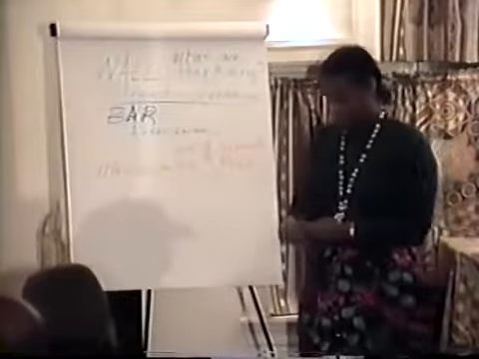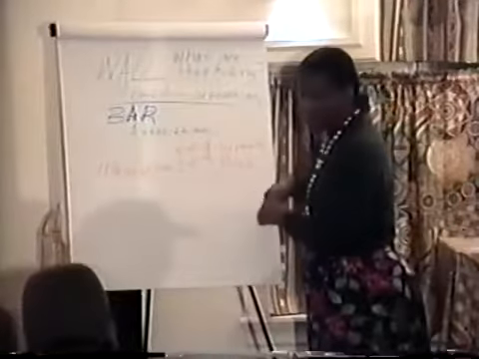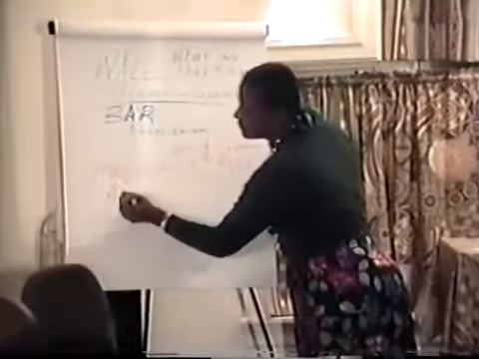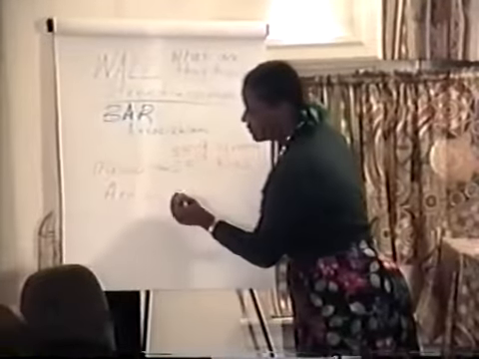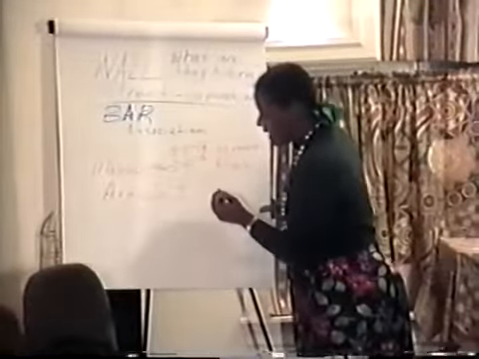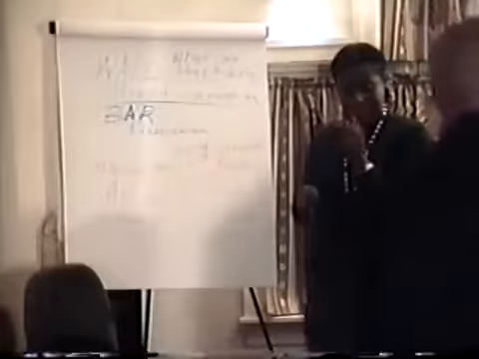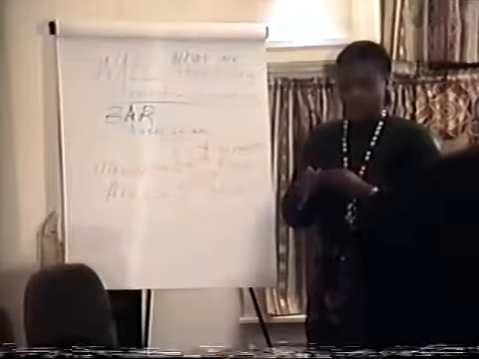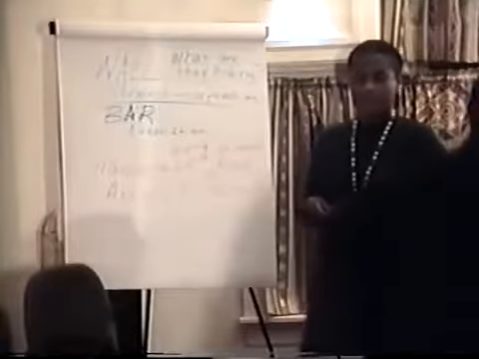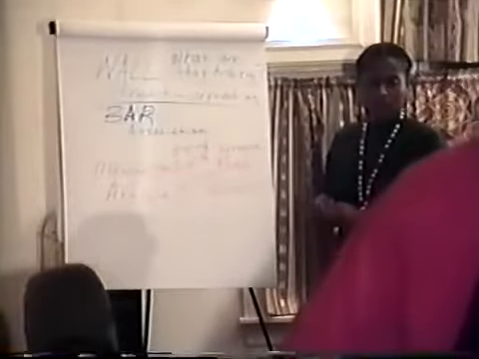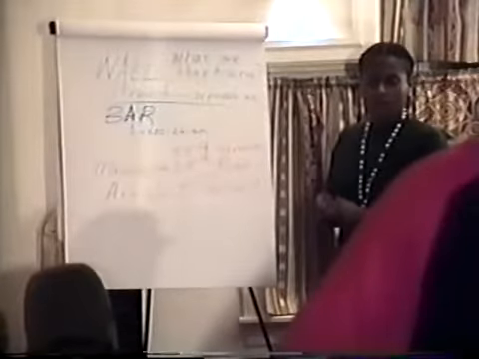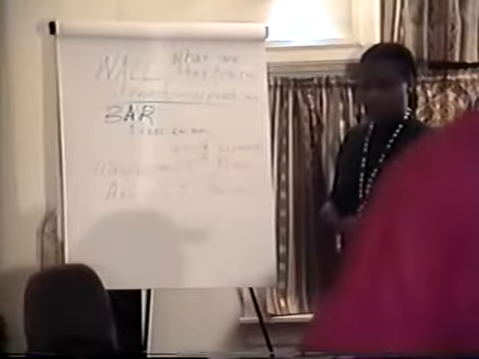No. Article 1, Section 8 says Congress shall have power to lay and collect taxes, duties, imposts, and excises, to pay the debts and provide for the common defense and general welfare of the United States, but all duties, imposts, and excises shall be uniform throughout the United States.